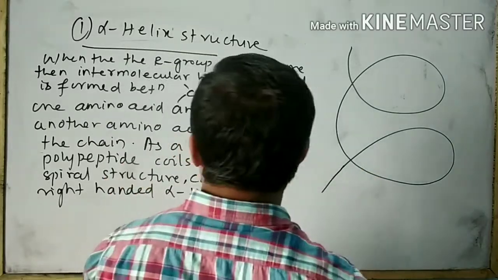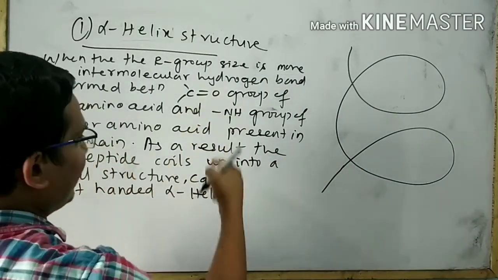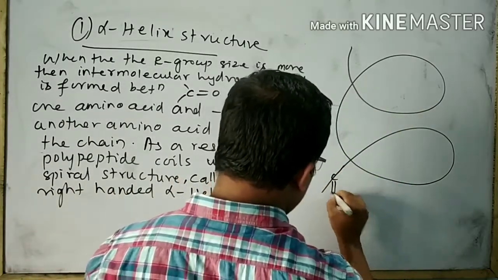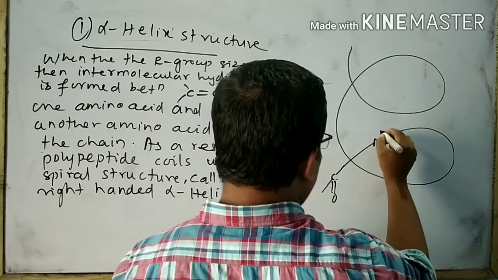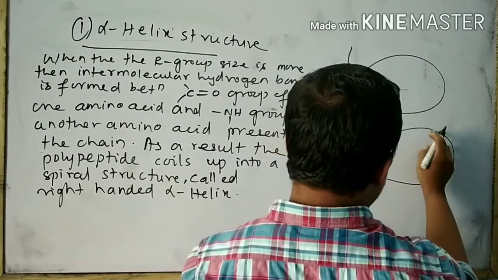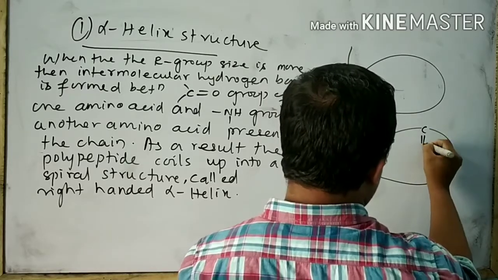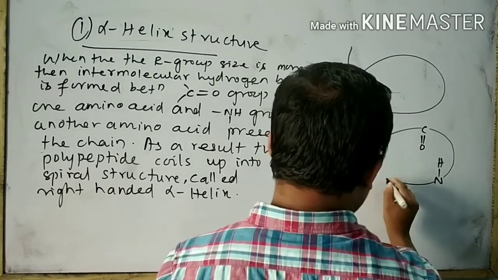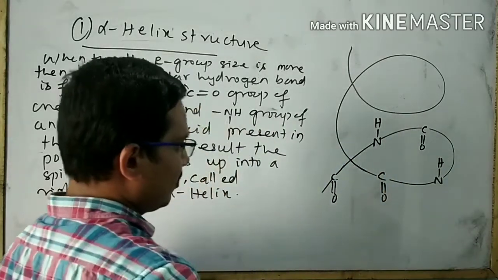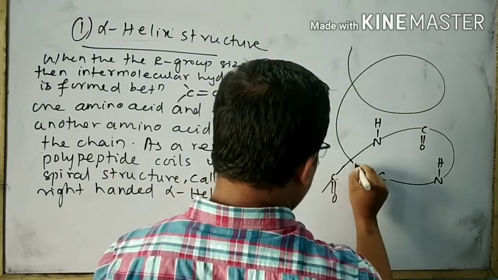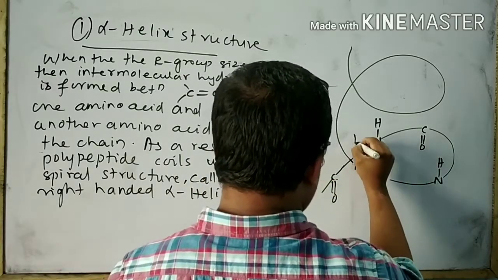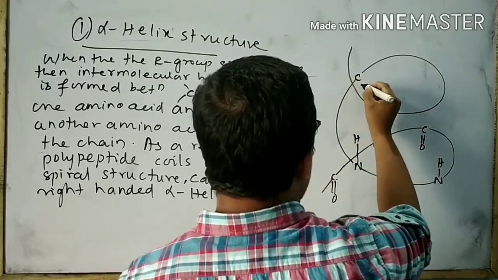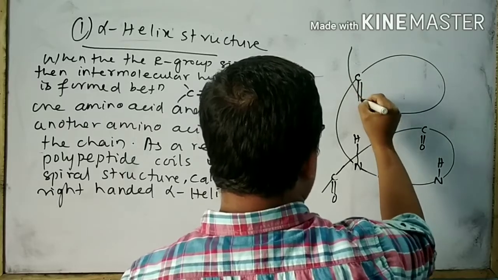Look at that. How can I arrange the C=O and NH group in this spiral structure? This is the C=O. Here the nitrogen atom is written and the hydrogen bond is shown here. Here C=O is written, here nitrogen atom is written. Suppose I draw the carbon here and the double bond oxygen here.